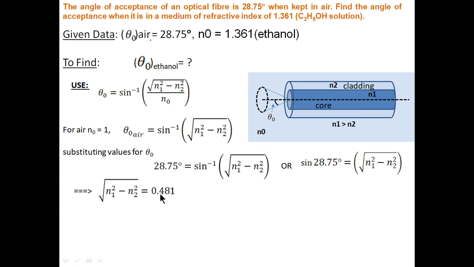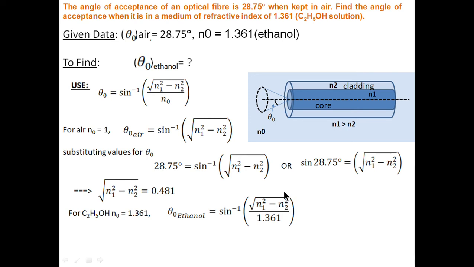Substitute this value and you get theta naught, the acceptance angle of the optical fiber when kept in ethanol. Now you know the value of root of n1 square minus n2 square. For ethanol, which has a refractive index of 1.361, theta naught equals sine inverse of root of n1 square minus n2 square by 1.361.